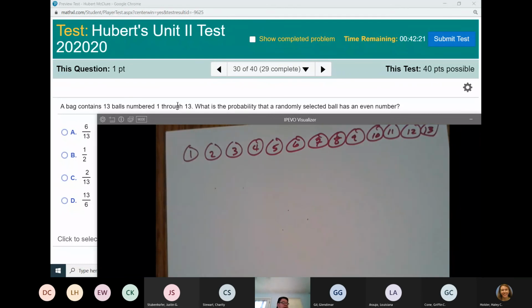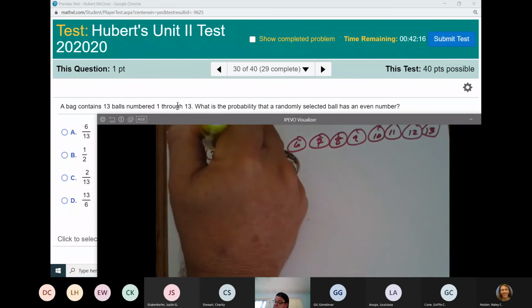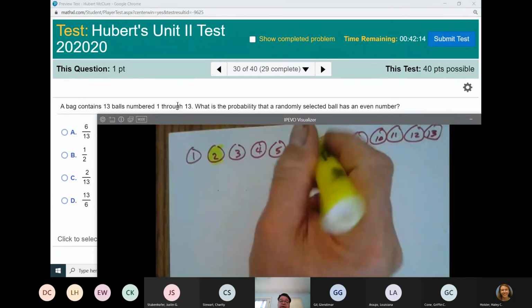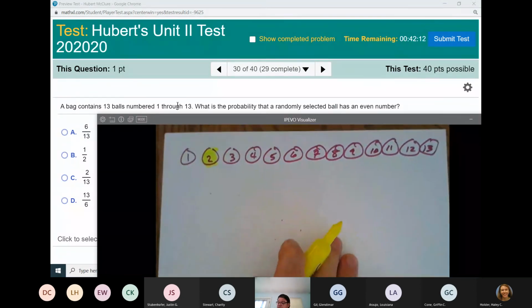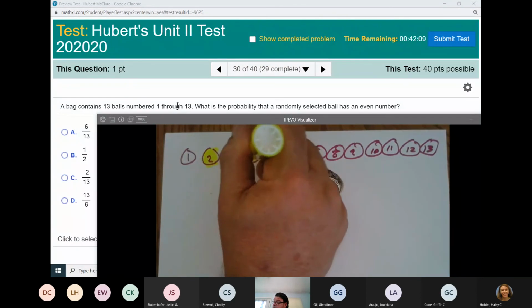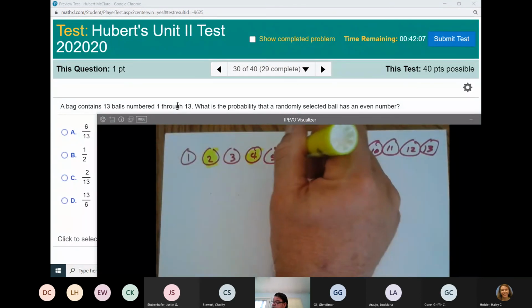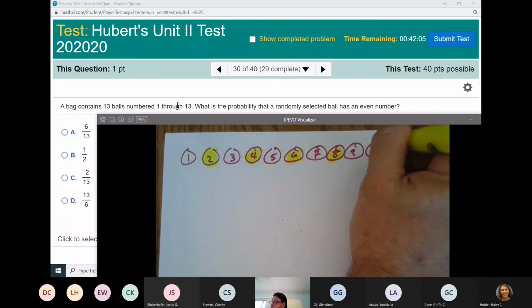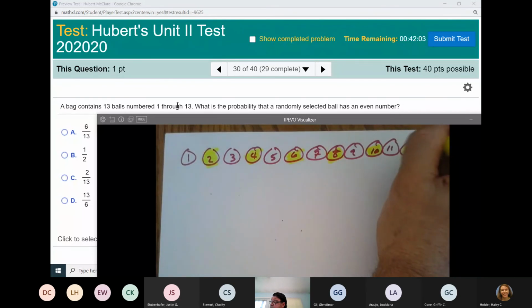And take our handy dandy highlighter and highlight. Now there's an easier way to do this, and I'm going to show you, but 2, 4, 6, 8, 10, and 12.